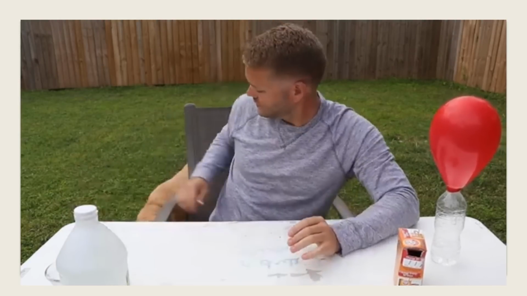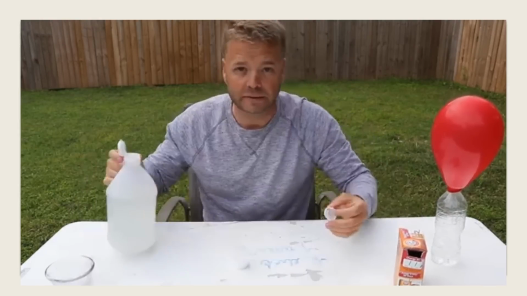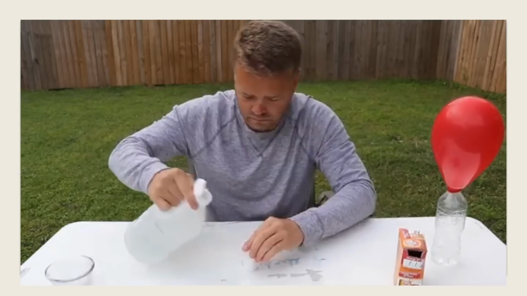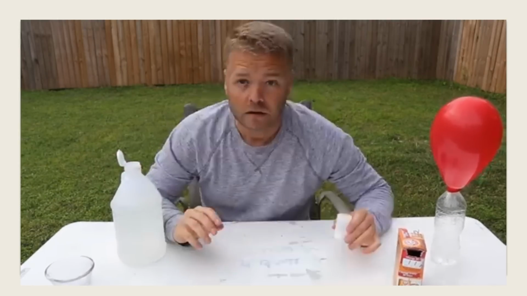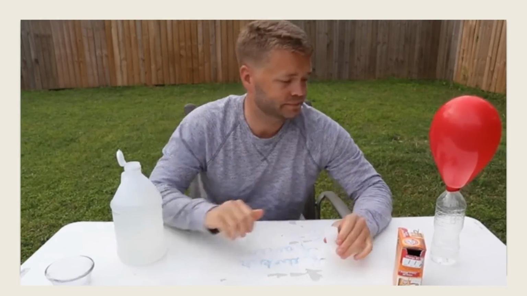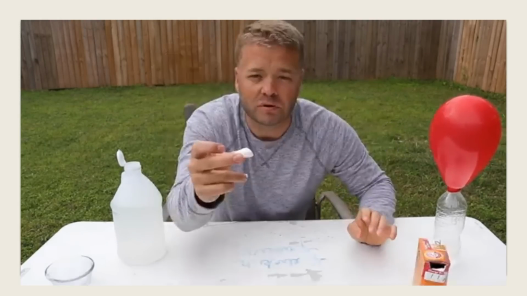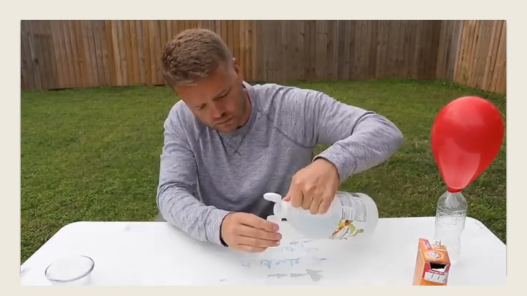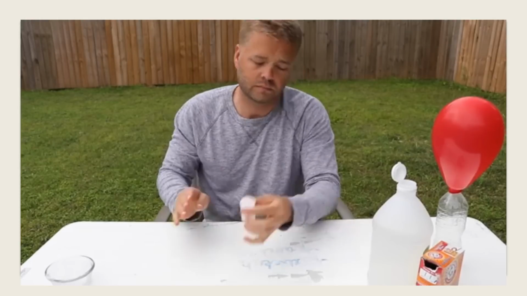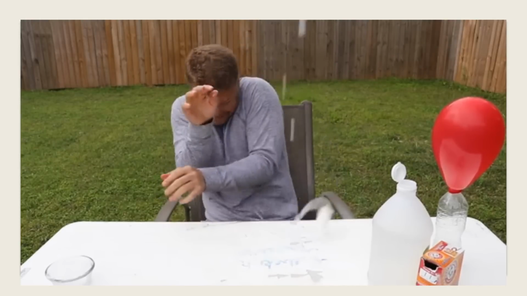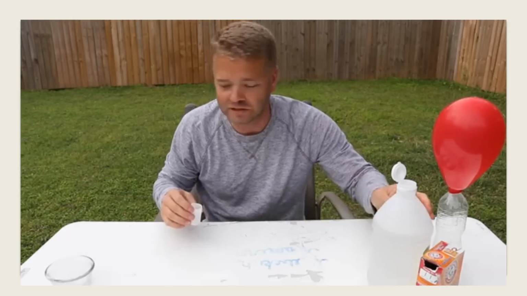Oh, look who joined us. Hey guys. Here we go. It didn't work. Like I said, this one's gonna be really tough. I have an idea. Put baking soda on the cap. Put vinegar in the bottle. Dang it. That's messy. But that was fun, so let me try it again.